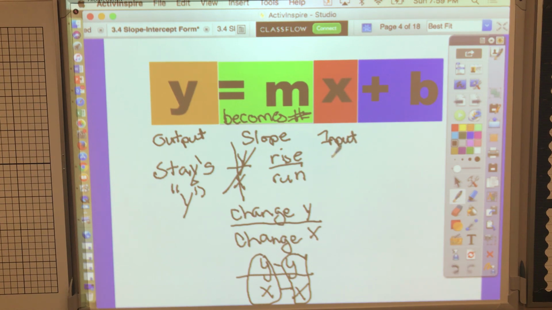It is again going to stay x. Whenever we write those equations, the y stays y and the x stays x. And the b is now the new part. This b is your y-intercept.